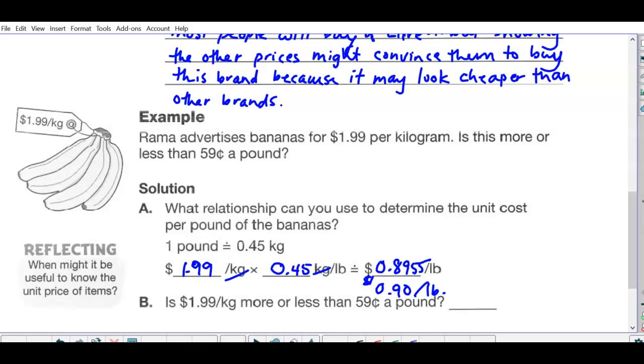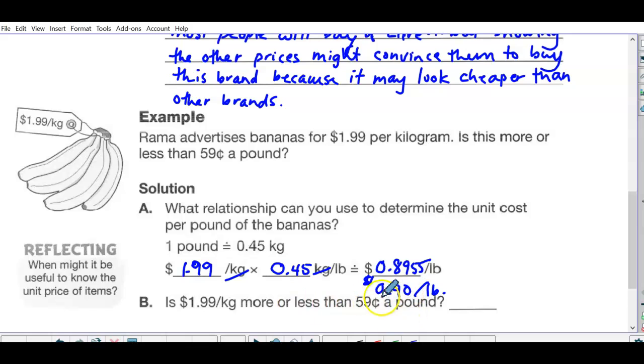So a kilogram's price is going to be much bigger than the price per pound. So roughly, you would divide that by 2, which would be $1. More specifically, you use the conversion, and you get 90 cents. But price per kilogram, remember, is going to be a bigger number than the price per pound.